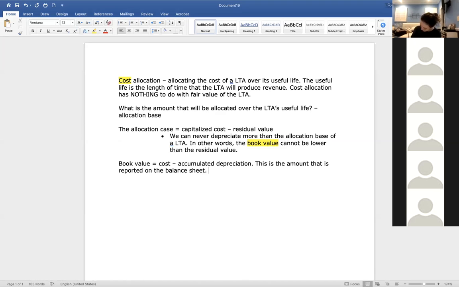Think of your balance sheet where we listed the cost, and then we have less accumulated depreciation, and the net of those two numbers is what's sitting under the category of property, plant, and equipment in my balance sheet. So that is the amount that is reported on the balance sheet.